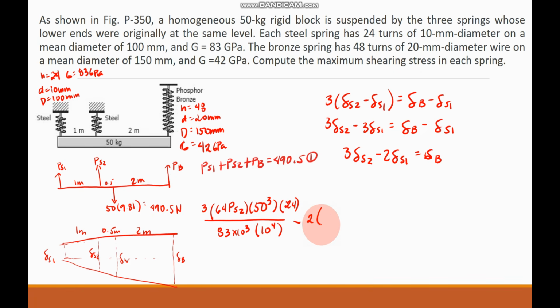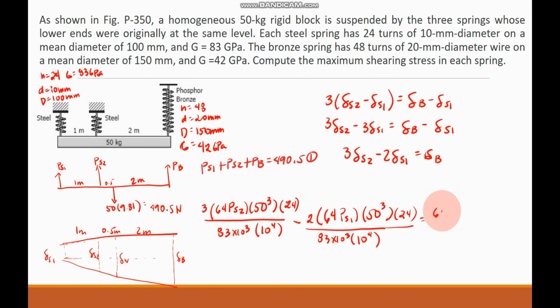So 2 of 64, the load coming from the steel 1, so PS1 multiplied by 50 raised to 3 multiplied by 24 all over 83 times 10 raised to 3, 10 raised to 4. It is equal to the deformation of the bronze.